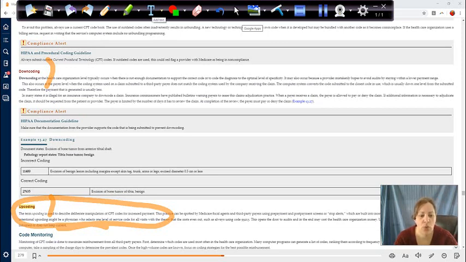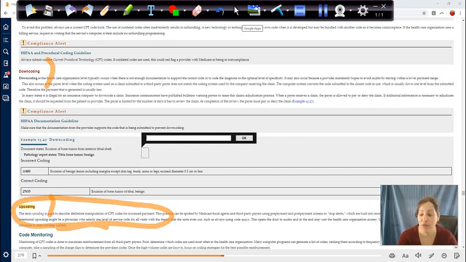Notice the definition there says deliberate manipulation to increase payment. Medicare has a word for that. It's the F word. It's the 5-letter F word called fraud. That's a big deal. This is not something to fool around with.